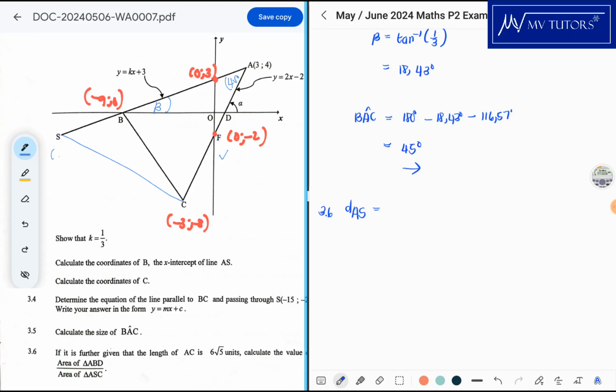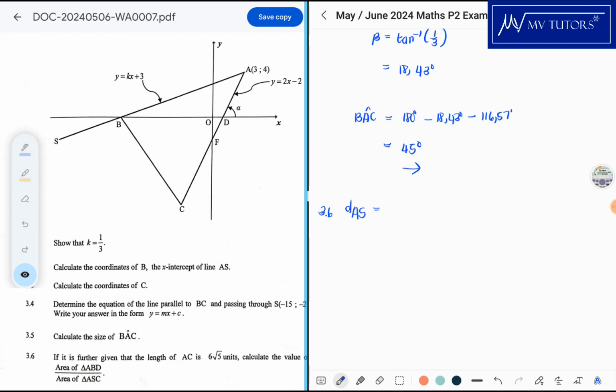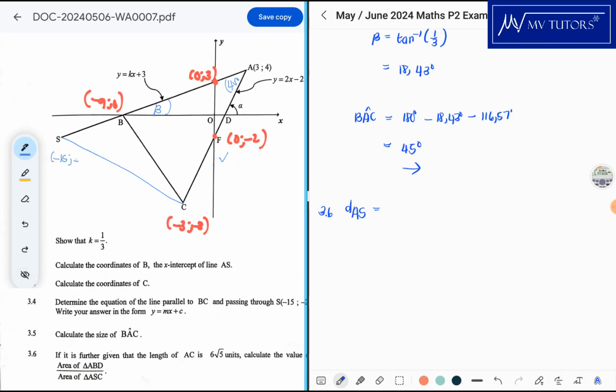Remember, S over here is minus 15 and negative 2. So if I get the distance of AS, that would help a lot. So what is the x coordinate of A? That's 3. And that of S is minus 15. So that will just be 3 plus 15 squared.